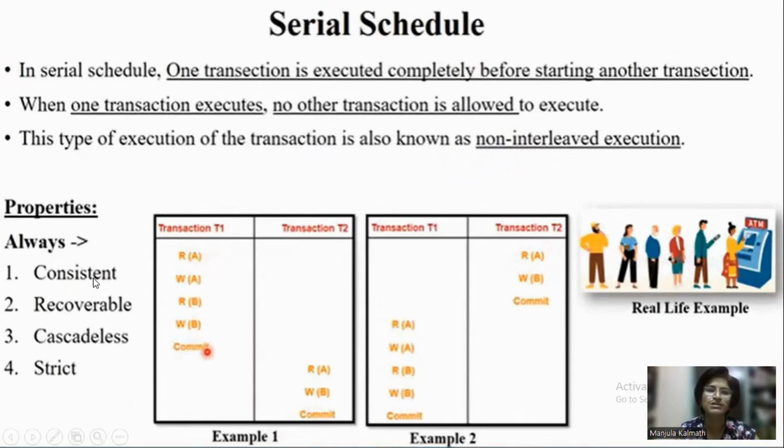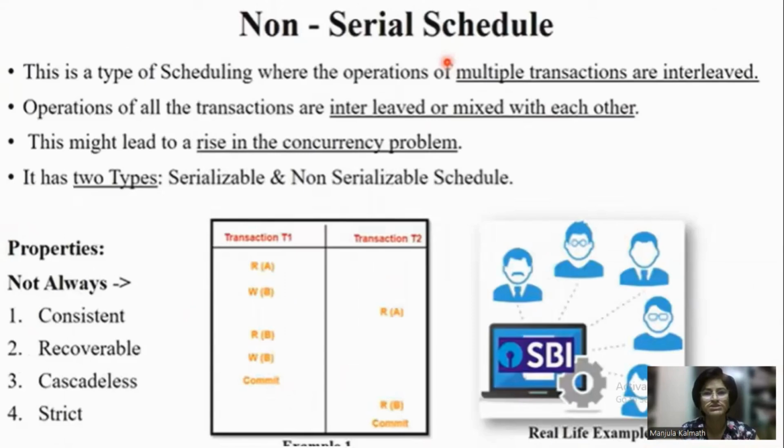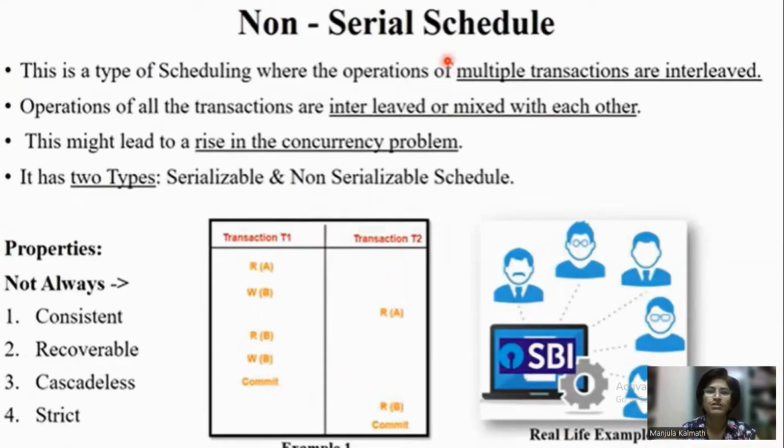A serial schedule is consistent, recoverable, cascadeless, and strict. It always follows these properties, so there is no confusion regarding the serial schedule. It is always accurate.